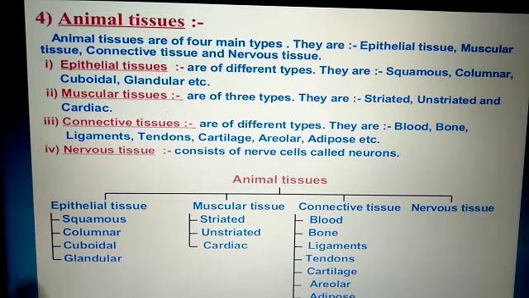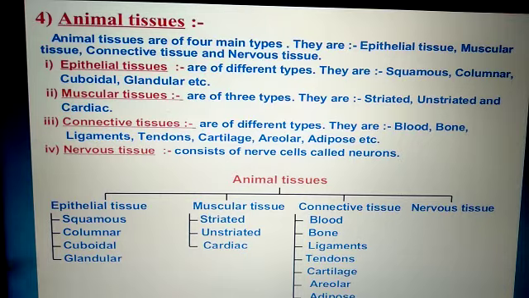All four perform the same functions because they are part of epithelial tissue. Then why are they different? Because they are present in different locations, and they perform their function on the basis of where they are present.